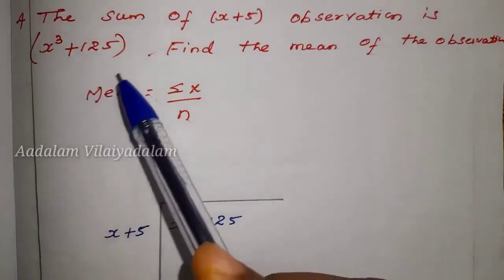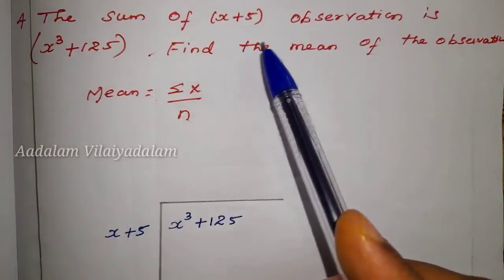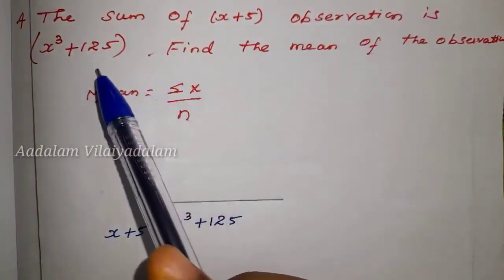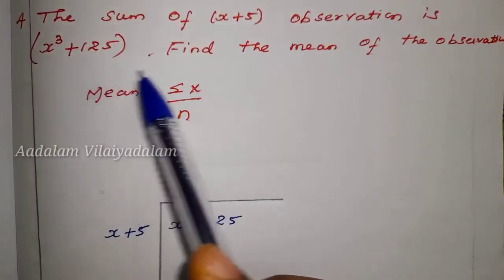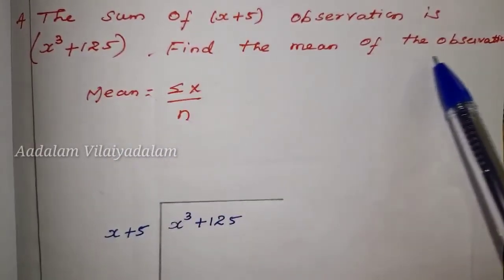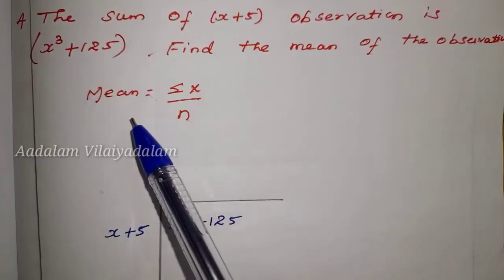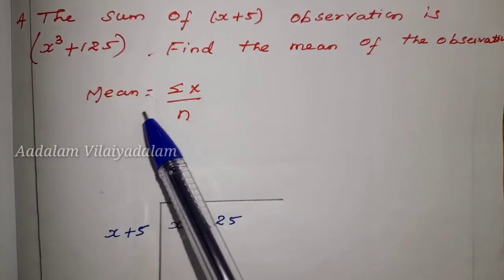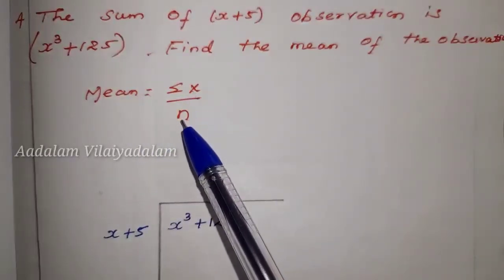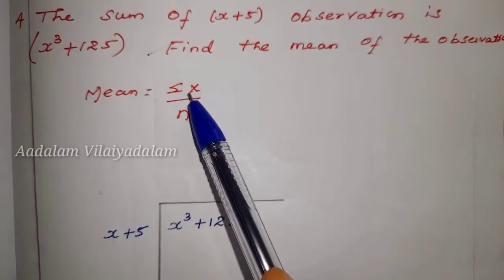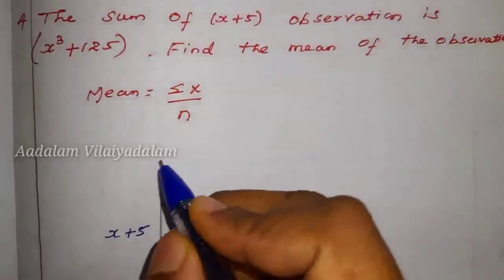Fourth question: the sum of x plus 5 observations is x cube plus 125. Find the mean of the observations. So we know the arithmetic mean formula is summation x divided by n. Summation x means the sum of observations.